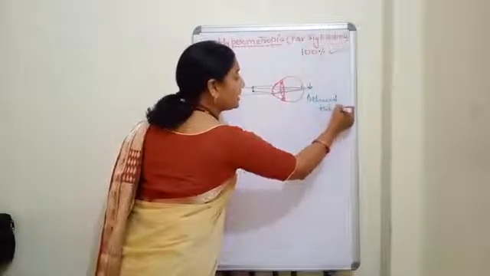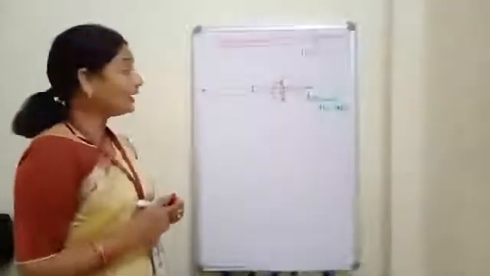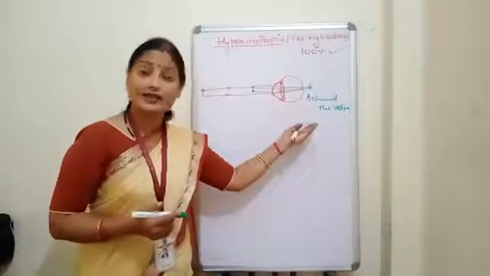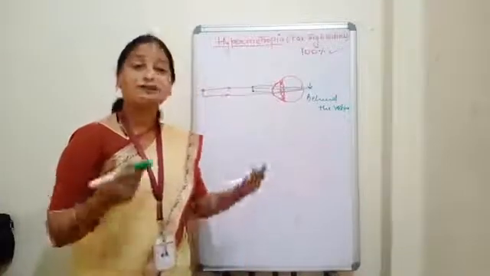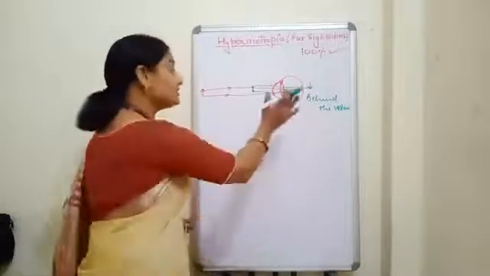There is no screen, no retina there, so where will the image form? No formation of the image. So this is the concept of far-sightedness.